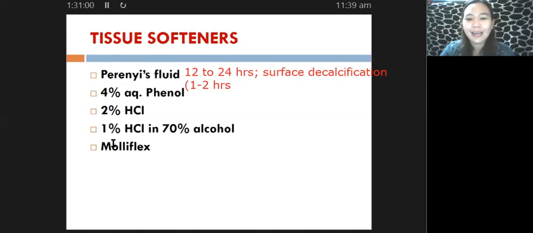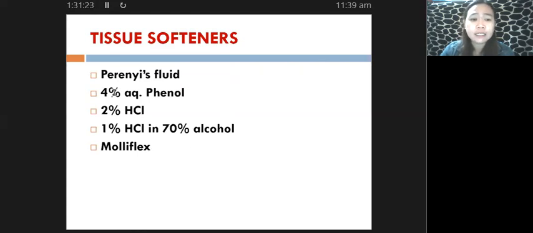And then lastly, we have Molliflex. This is a commercial name, a manufacturer name or trade name. Molliflex is utilized for tissue softening also. You just have to be careful because Molliflex will make your tissues appear swollen and soapy.